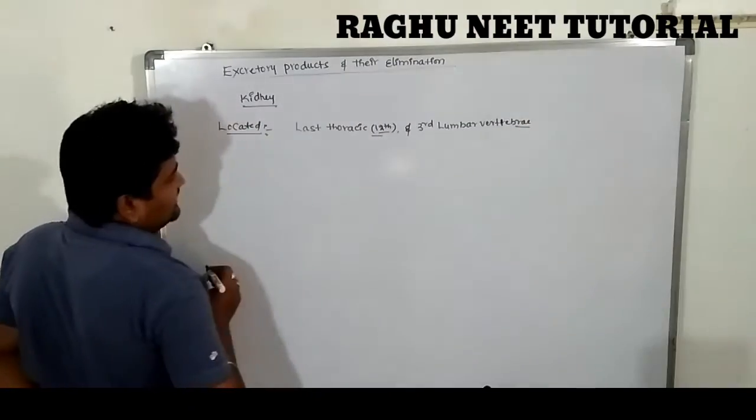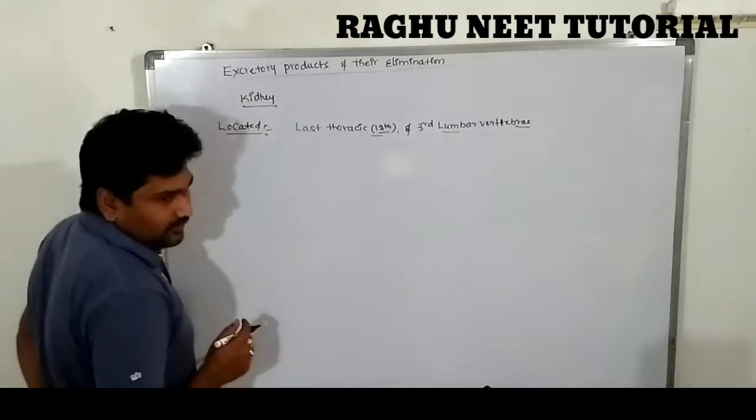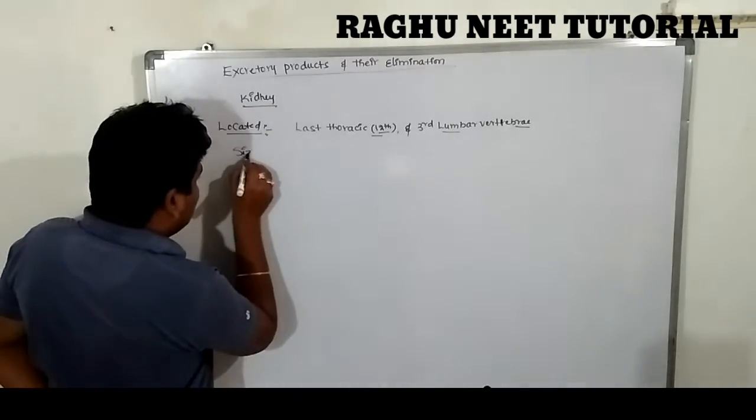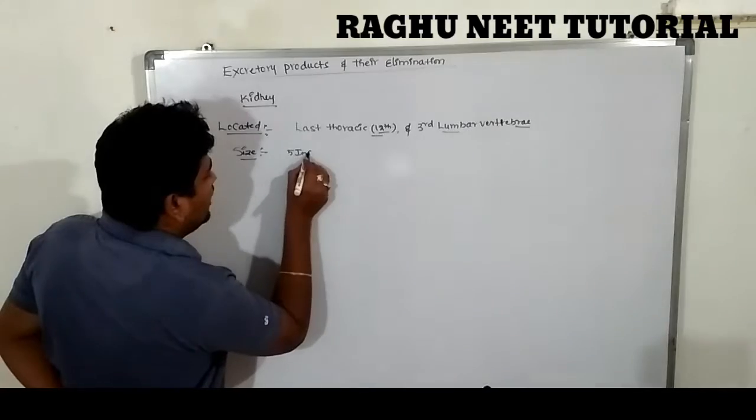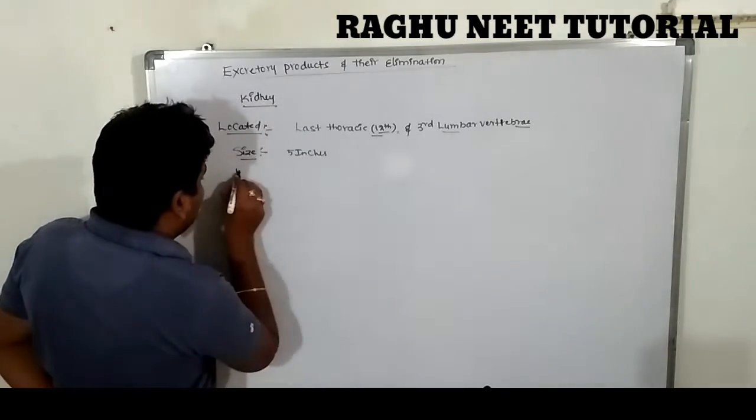In the last thoracic region, near the 12th rib, and the third lumbar vertebra. Note down, everyone: it is located at the last thoracic and third lumbar vertebra. The size of the kidney is approximately 5 inches.